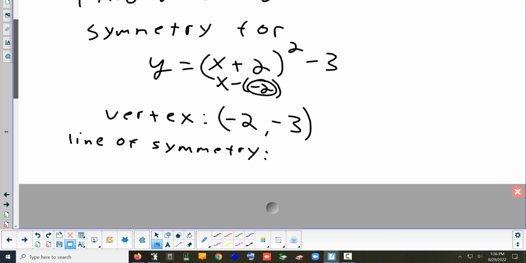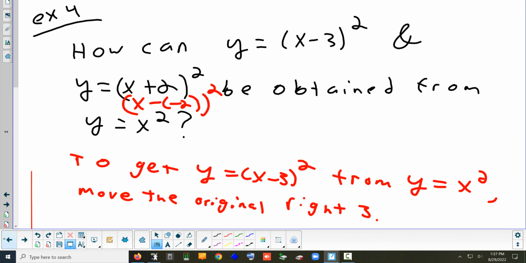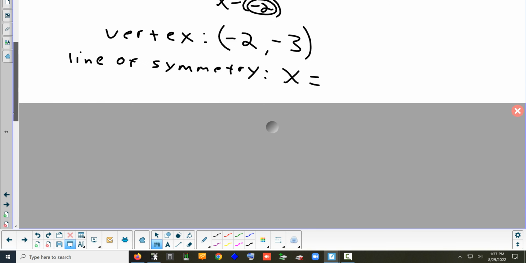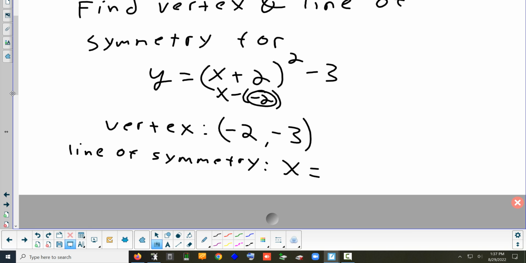How does the equation of a vertical line always start? Oh, x equals. y equals would be for horizontal. So the line of symmetry is always going to start out as x equals.